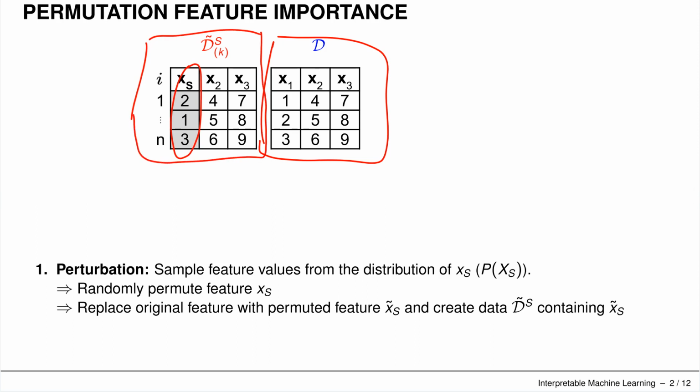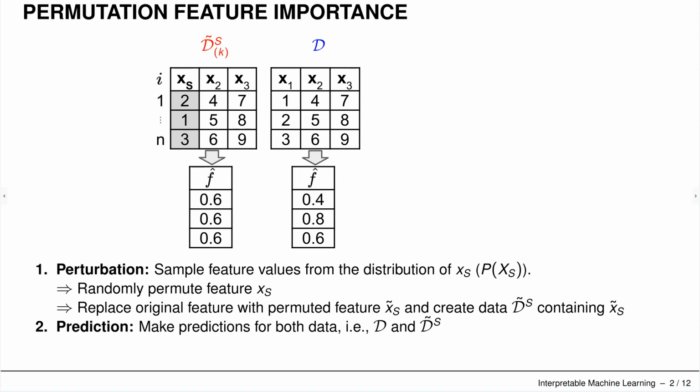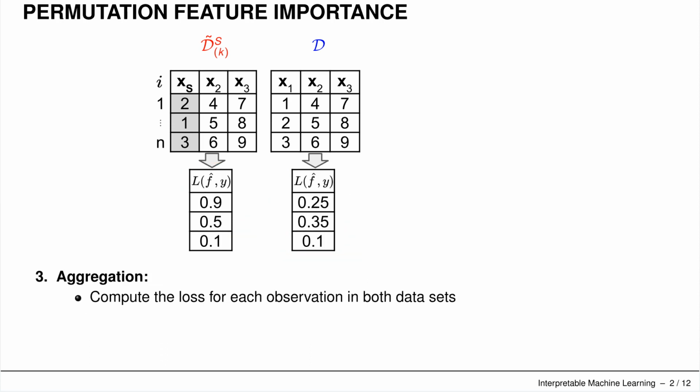So that's the perturbation. Then in the second step, we calculate the loss on our permuted data. That gives us for each of our 3 observations a loss, and we do the same for our original data. And now we look at all the differences.